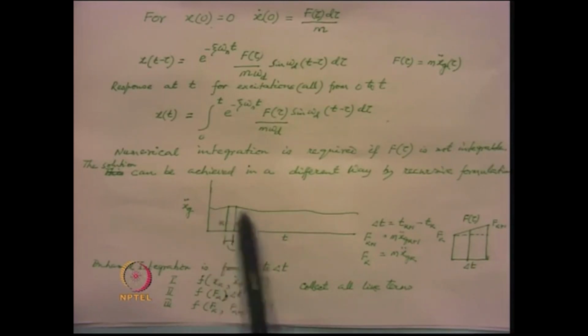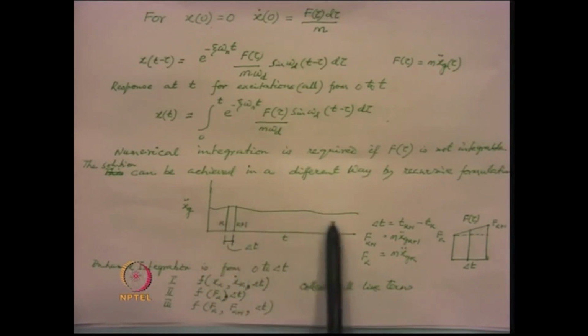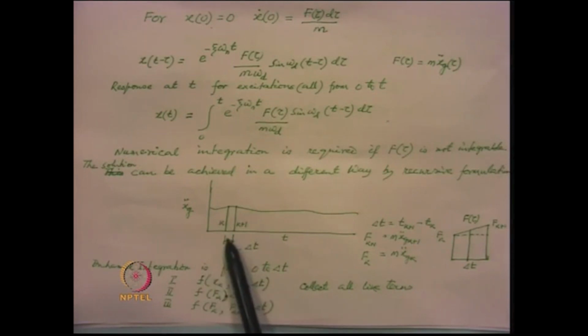Let us consider this as the ground acceleration or the support acceleration for a single degree of freedom system, and for that we have an interval of time delta t, so that we can define a time step k and the next time step k plus 1, the difference between them being delta t.